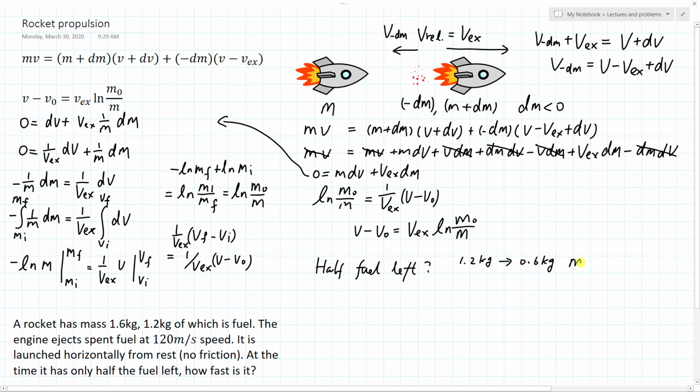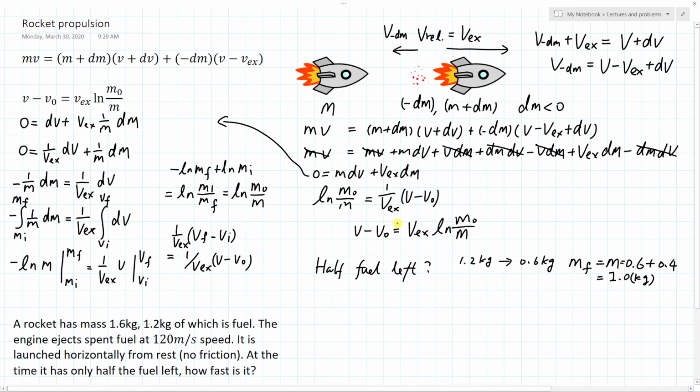So this final mass, or we use m, is equal to 0.6 kilograms plus, okay, so 0.4 kilograms is the rocket shell and the engine, so there's 0.4 kilograms. So the final mass is equal to 1.0 kilograms. Okay, so that's what this half fuel left means. So the final mass is this.